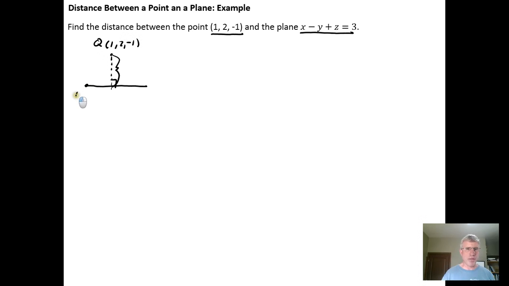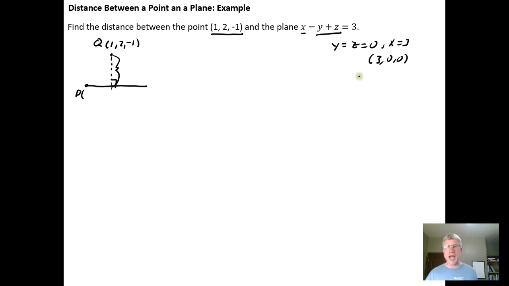It doesn't matter where that point P is. So the simplest thing to do is to set two of your variables equal to 0 and then solve for the other variable. So in this case, if I set y and z equal to 0, I'll get x equals 3.